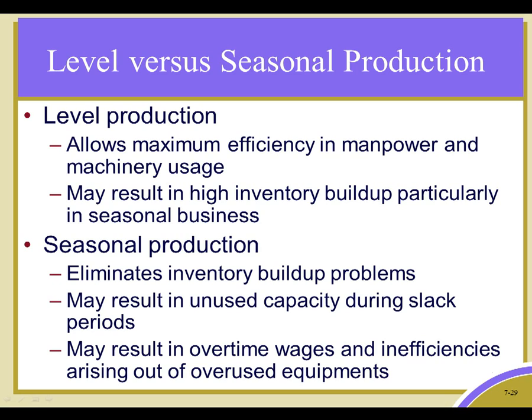So when we do ramp up production, we may end up having to pay overtime wages, and we might find ourselves without enough capacity to produce as much as we would like. So this idea of level production versus seasonal production, that's going to influence how much inventory we have, and we're going to have to make these decisions in concert with other parts of the organization.